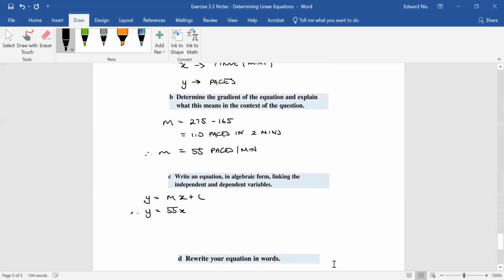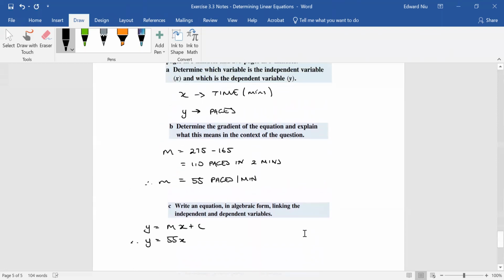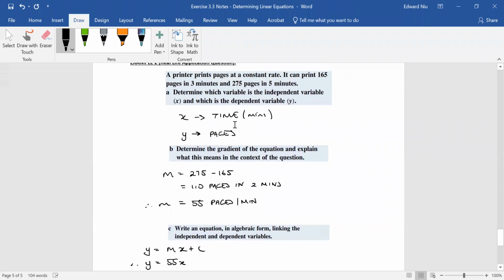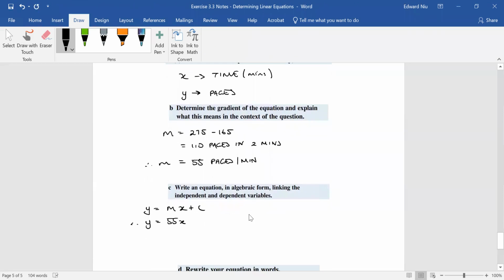And then to figure out the C, what we need to do is substitute in one of these 2 points. So we can substitute 3 and 165 or 5 and 275. It can be either. So for this example, let's just pick 3 and 165 to find the C value, because that's the value that's missing.